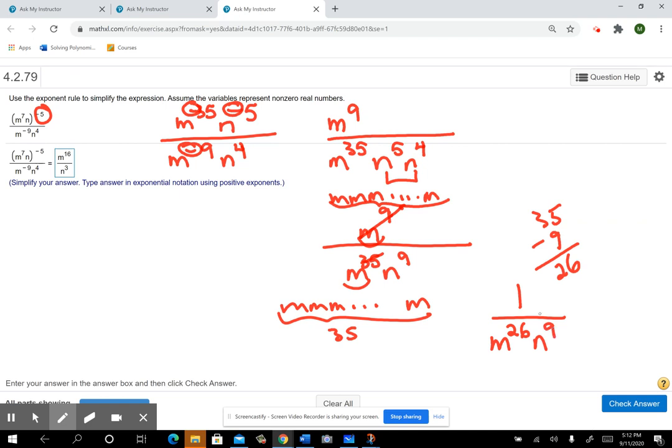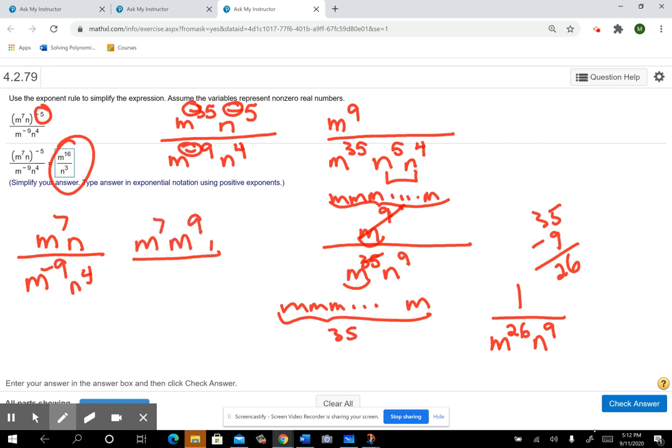Okay, so the answer you got right there, if this had just been m to the 7th n and then m to the -9th, n to the 4th, that would have been what you said.